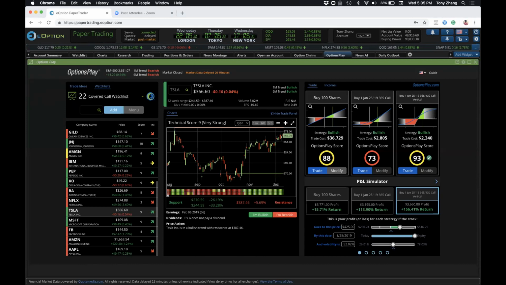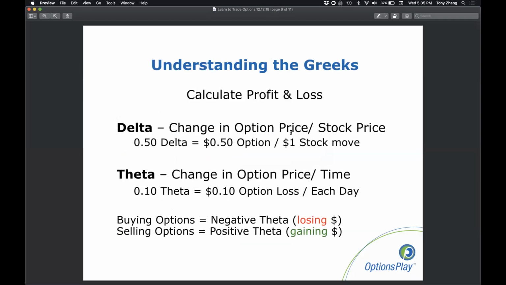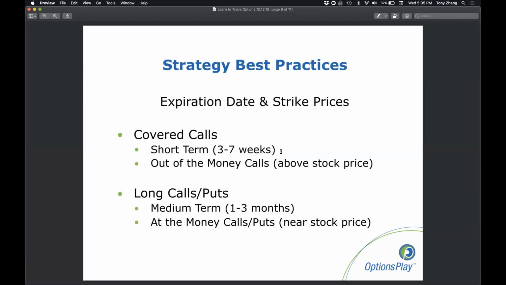Greg is asking, does OptionsPlay trade recommendations reflect all possible strike and expiration dates? Let me be very clear that we are not recommending any trades. We are simply providing starting points based on what we laid out here. When selling covered calls, it is best to start off with short-term out-of-the-money calls.